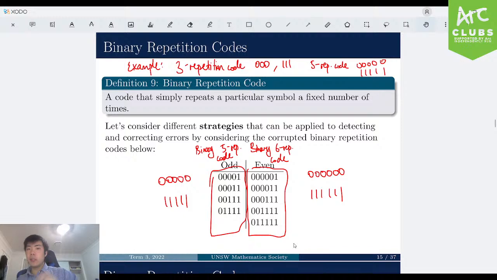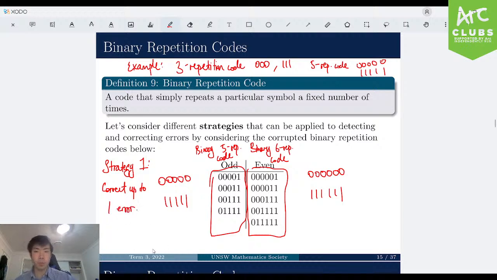So what can we do about these corrupted code words? Suppose we take on our first strategy. Strategy 1: we are happy to detect or correct up to 1 error.